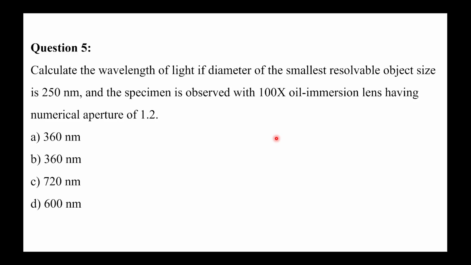Question number 5. Calculate the wavelength of the light if diameter of the smallest resolvable object is 250 nanometer and the specimen is observed with 100x oil immersion lens having numerical aperture of 1.2.